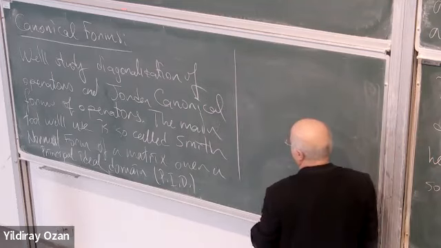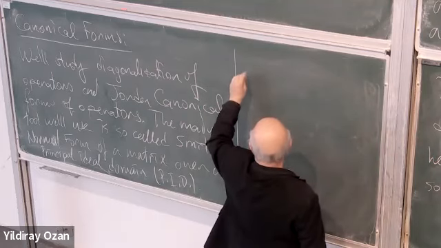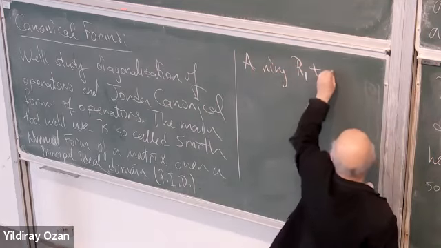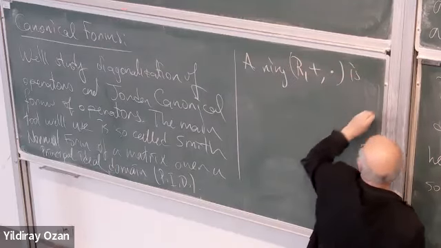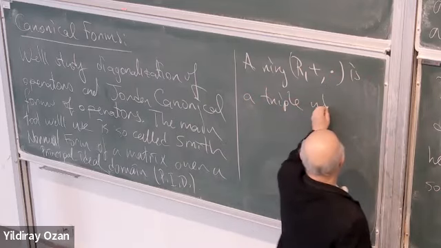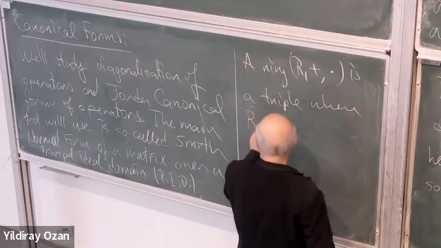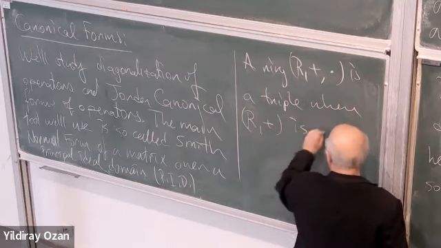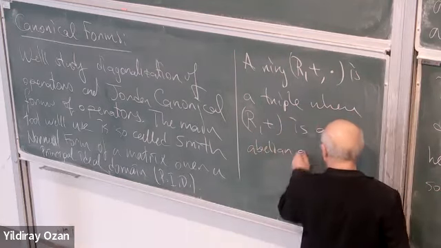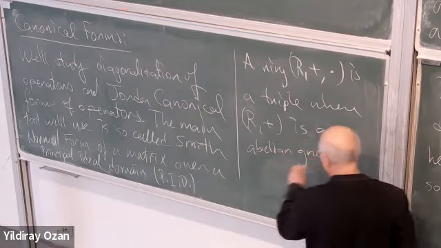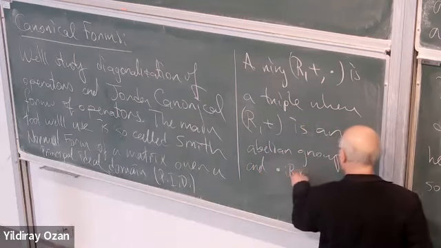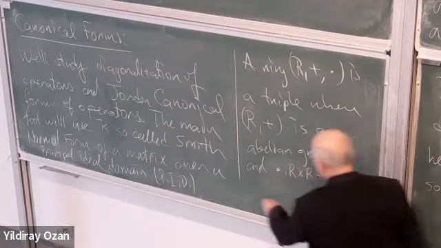Okay, now first of all, let me start with the ring. The ring (R, +, ·) is a triple such that (R, +) is an abelian group, and the product, from R times R into R, is a binary operation.